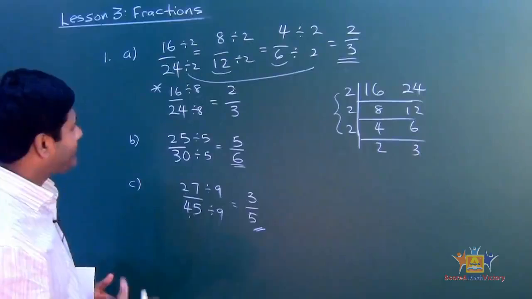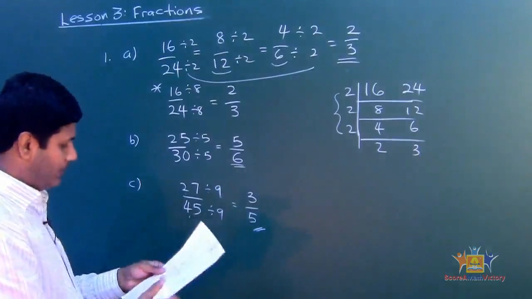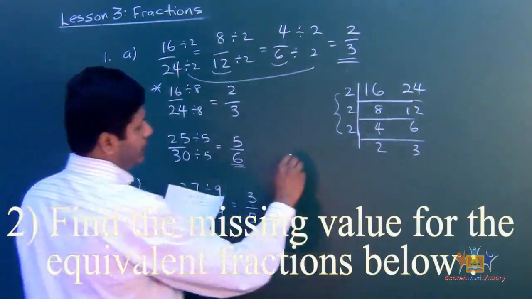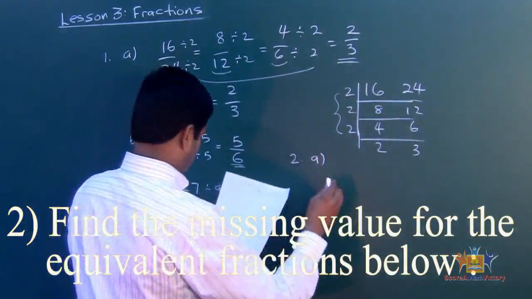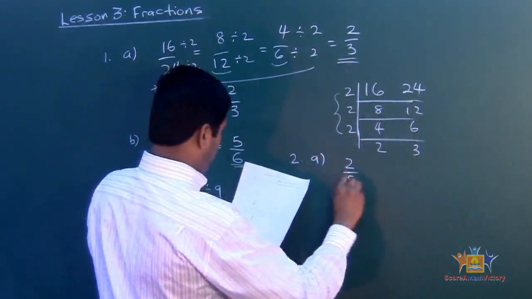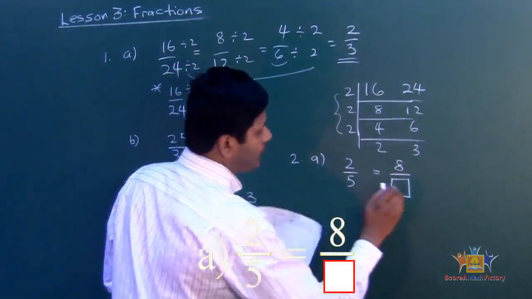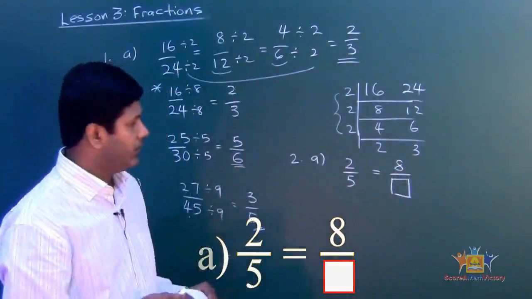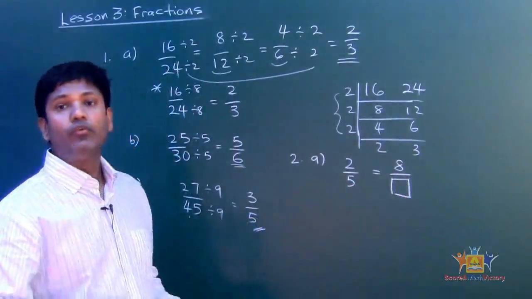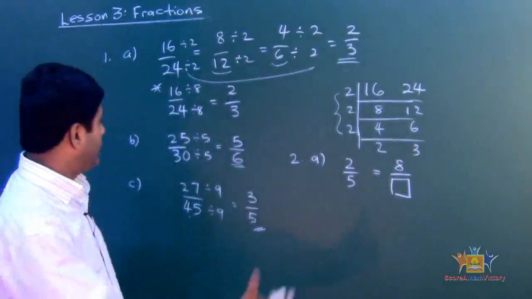Alright, good. Now let's look at problem number 2. 2a. You're given 2 over 5 equals 8 over a box. They want to find the missing number. In this case, we are increasing it. Earlier we simplified.